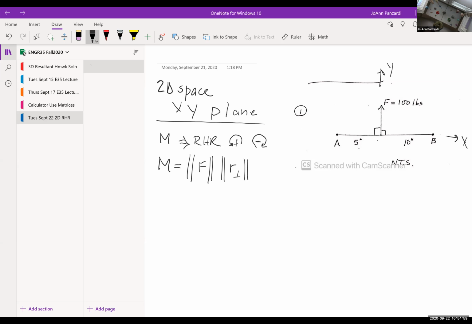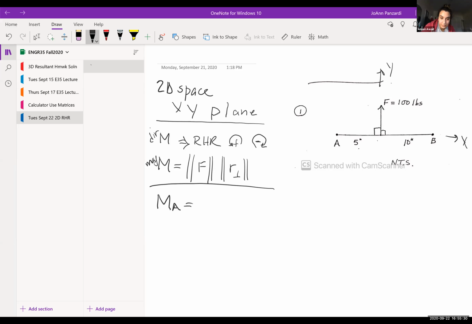So the magnitude I do this way, and the direction I do this way. So what we want to do is find the moment about point A due to this force. So I'm going to start from Adam.